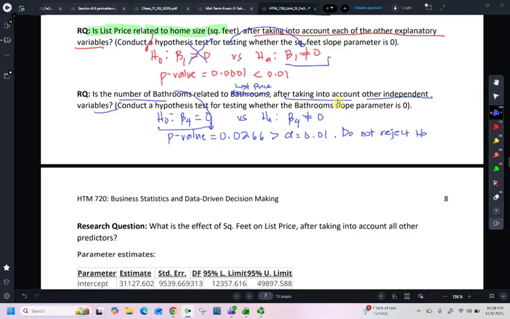If we do not reject the null hypothesis, which is claiming that the relevance of bathrooms to pricing homes is 0, well, that is kind of telling you that in this case, at 1% level of significance, bathrooms is not very useful in predicting list price.